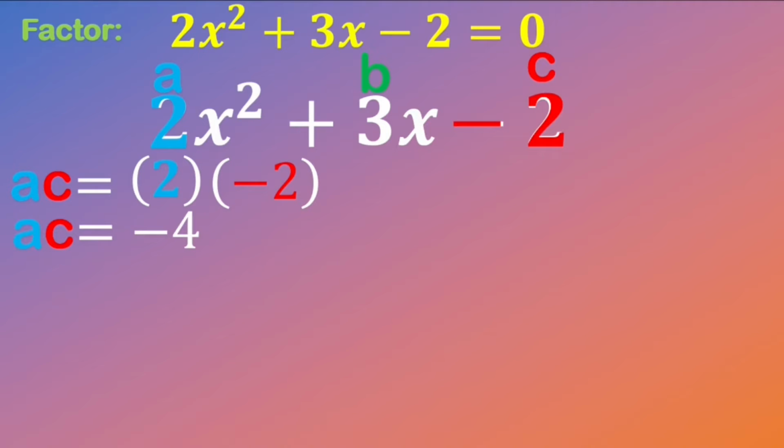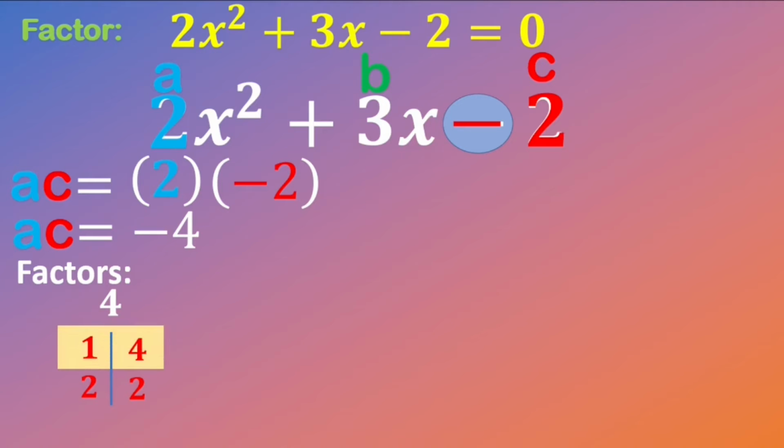Let's disregard the sign for the meantime. Now, list the factors of 4, which are 1 and 4 and 2 and 2. Since the last term of the equation is negative, we must consider the factor that when we subtract them, it will give us the numerical coefficient of the second term, which is equal to 3. And this factor is 1 and 4.